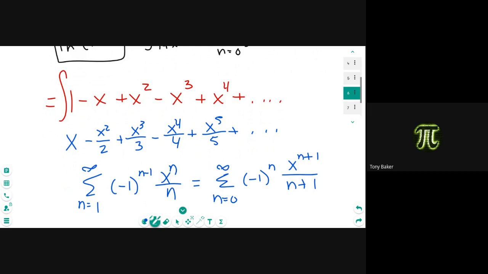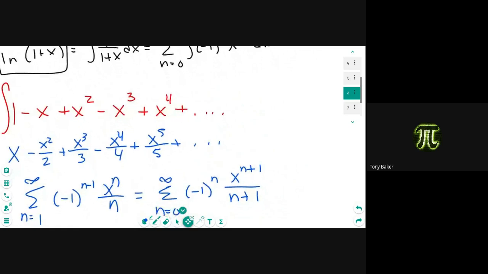All right, I'll take it. Does that give me all my right terms? Because n equals 0 is going to give me a positive, and that's x over 1. For n equals 1, that will be negative, x squared over 2. So yeah. All right.